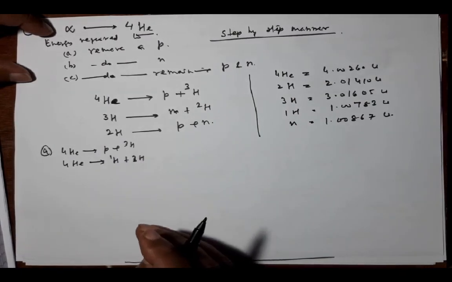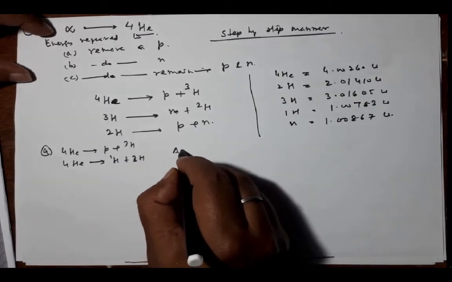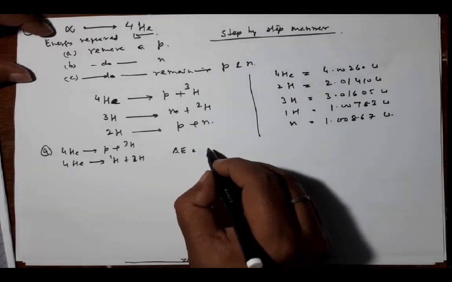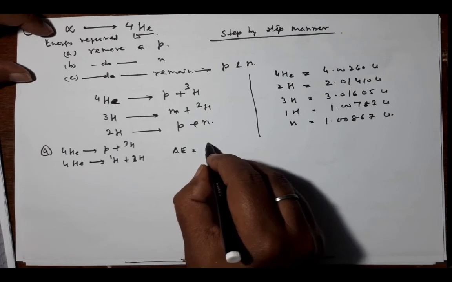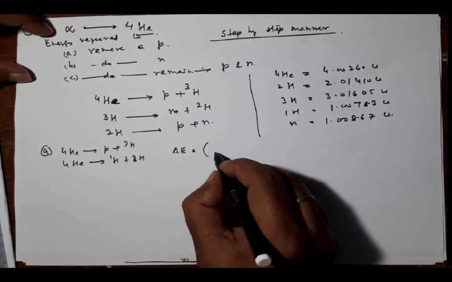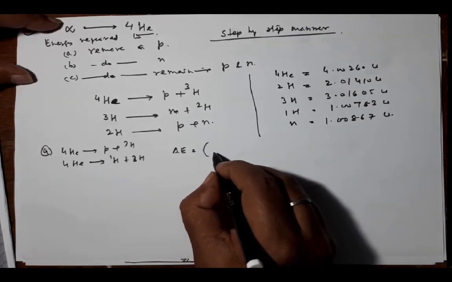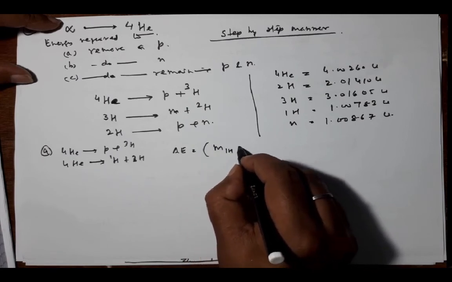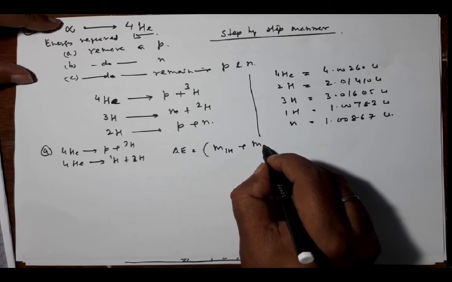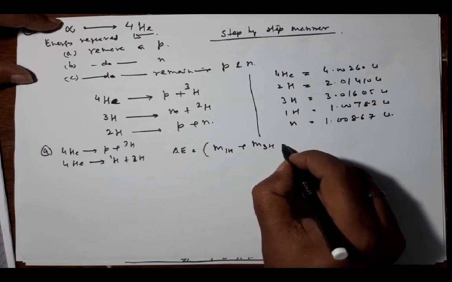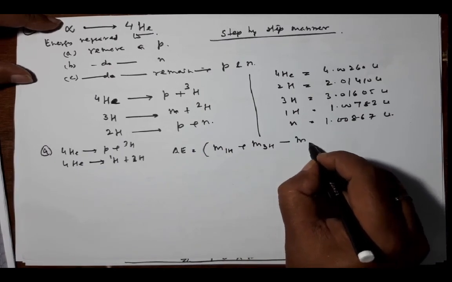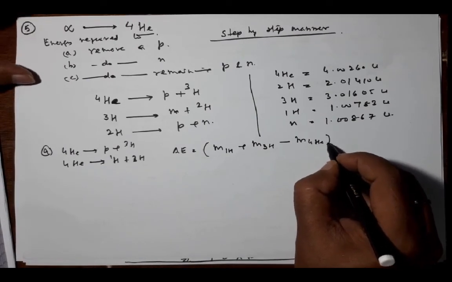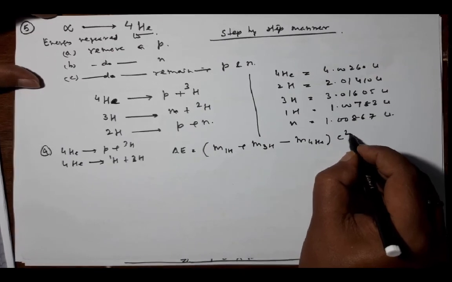So what is delta E? Delta E is nothing but M1H plus M3H minus M4He into C square.